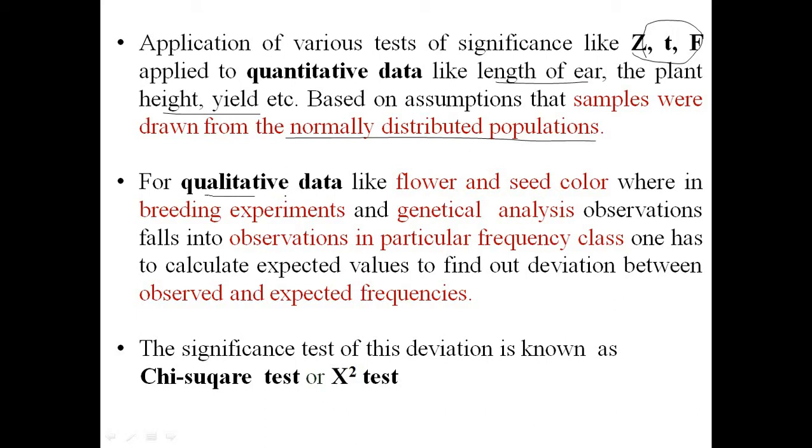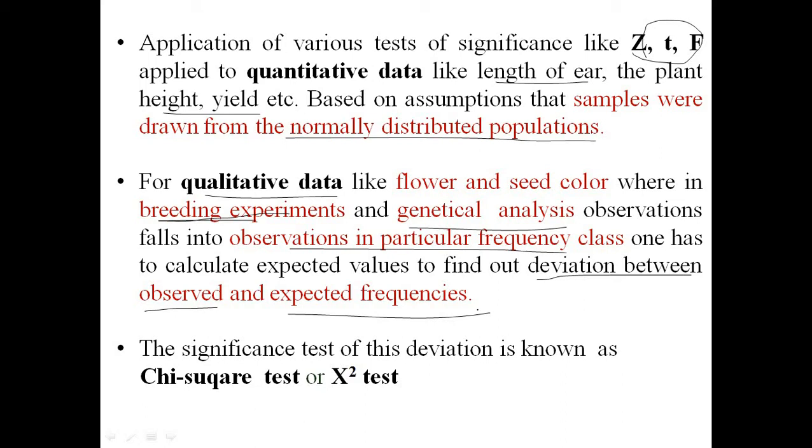But for qualitative data, in a breeding experiment or genetical analysis, most of the times the observations fall in particular frequency classes, and there we have to find out the deviation between observed and expected frequency. This holds true for the monohybrid and dihybrid ratios, where the monohybrid ratio is 3:1.